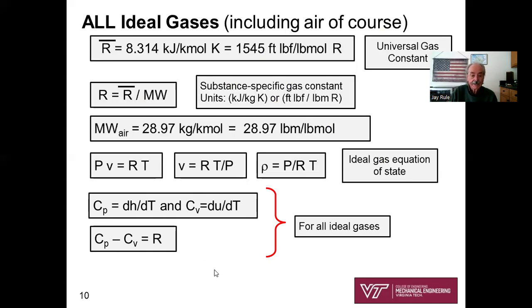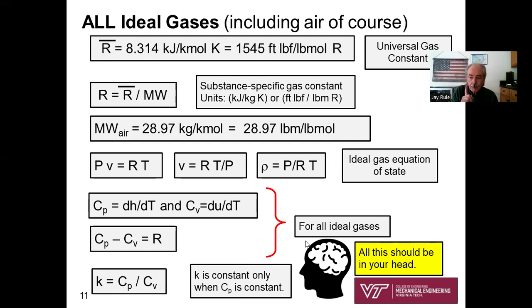Let's summarize. You know the universal gas constant. You know how to compute the gas constant R for any ideal gas, including air. You know the ideal gas equation of state by heart. And you also know the definition of Cp and Cv for all ideal gases.